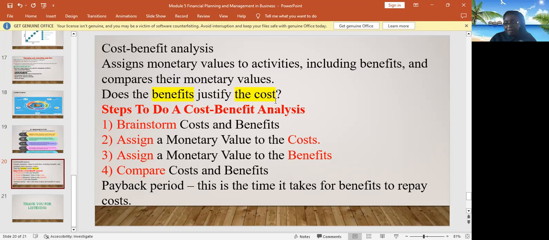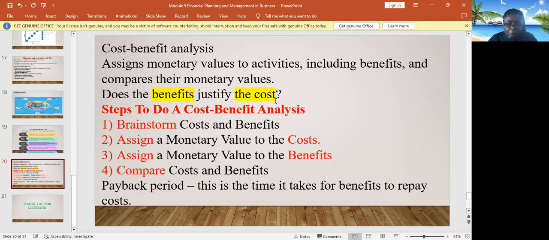Then assign monetary values to the costs, and also assign monetary values to the benefits, so that you can compare the costs and benefits. If the cost exceeds the benefits, that business is not a worthwhile venture. You don't need to go into it.